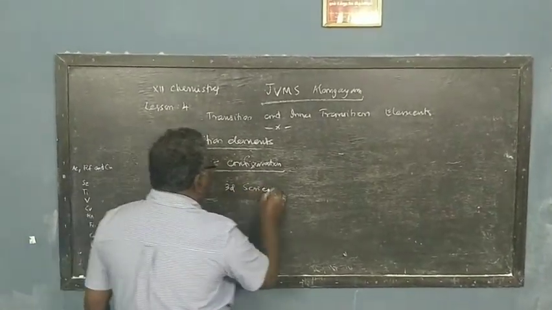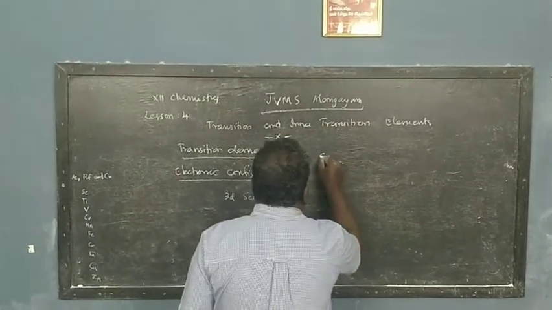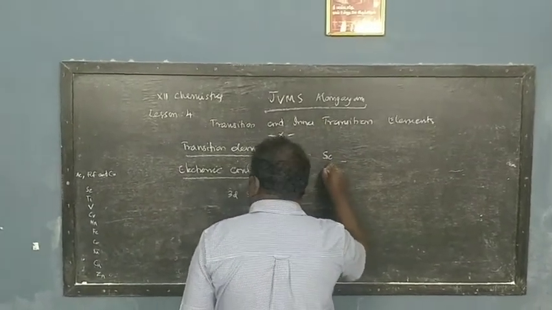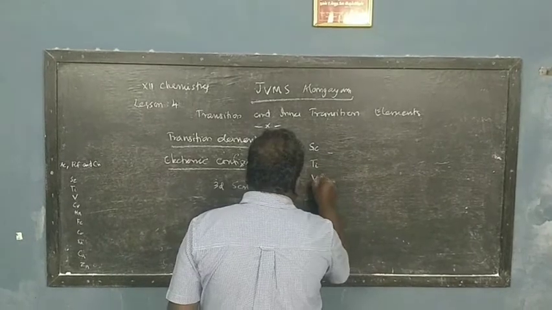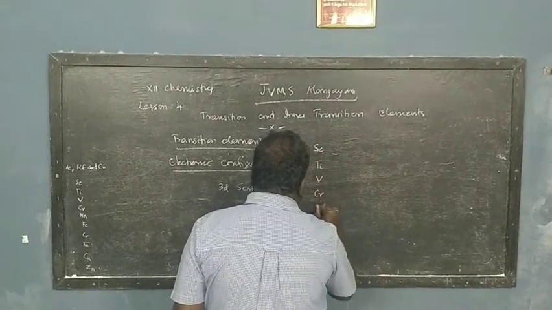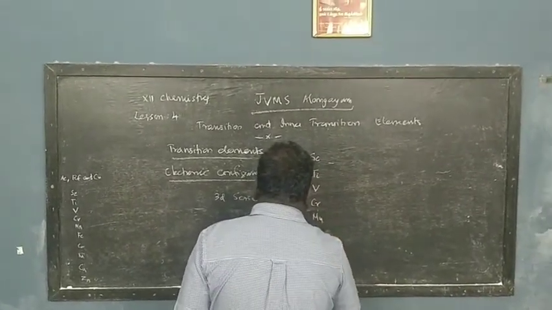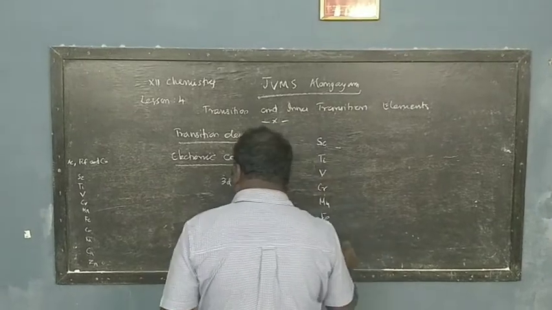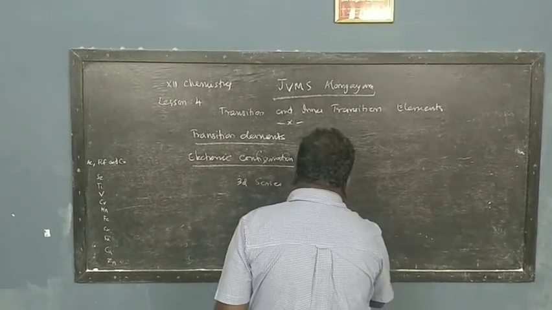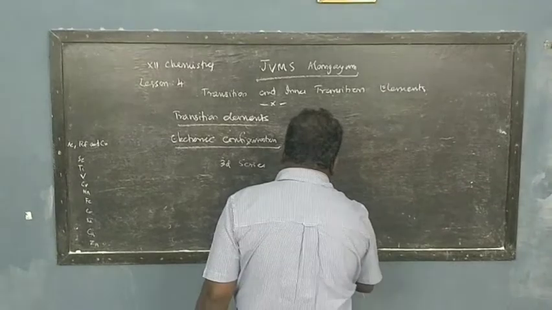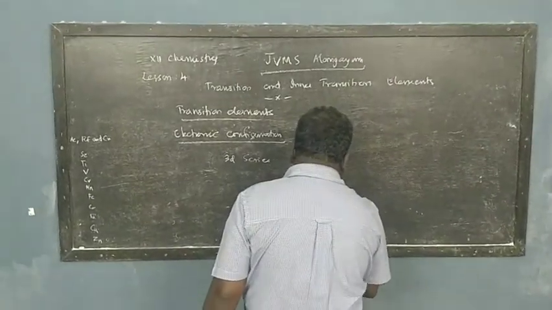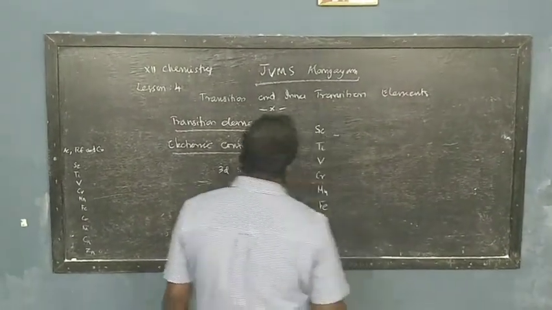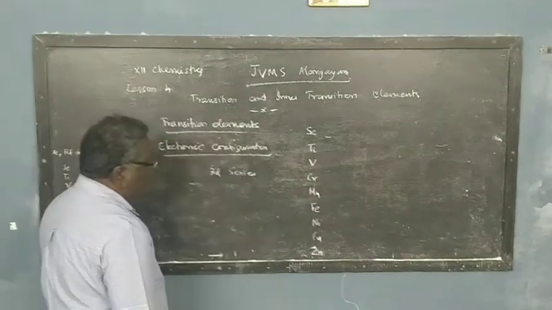In the 3d series, the first element is scandium. After that we have titanium, then vanadium, chromium, manganese, iron, and after that nickel, then copper and zinc. So this is called the 3d series.